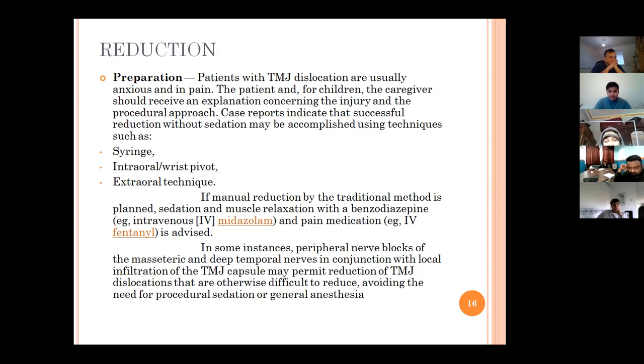In some instances, peripheral nerve blocks of the masseteric and deep temporal nerves in conjunction with local infiltration of the TMJ capsule may allow reduction of TMJ dislocations that are otherwise difficult to reduce, and this may avoid the need for procedural sedation and general anesthesia.